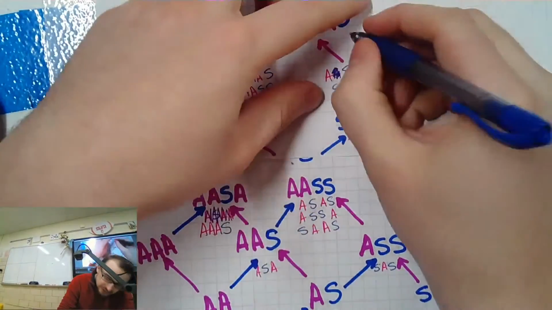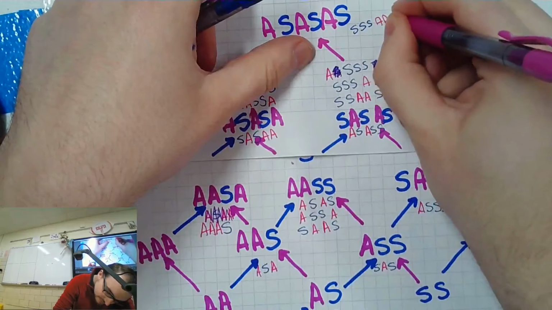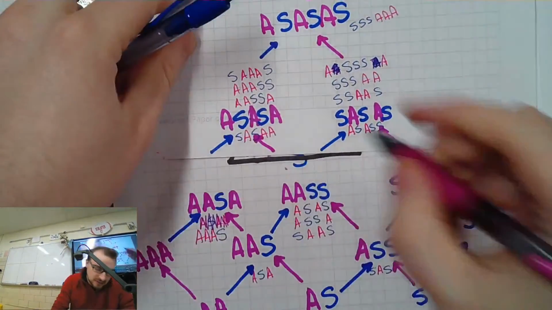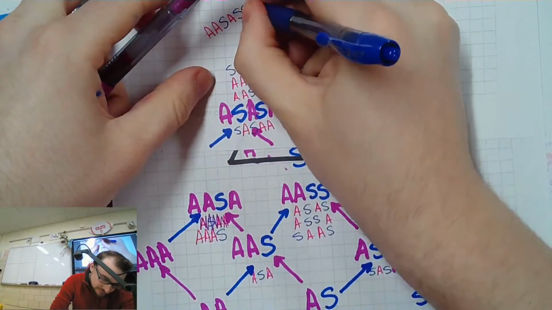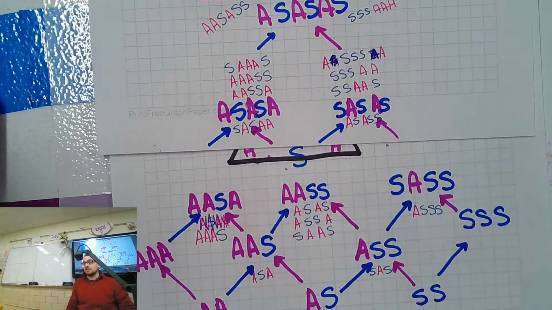We can do triple S and triple A. What else can we do? How about we start with double A? Single S, single A, double S. You got a lot, right? I'm going to stop there.